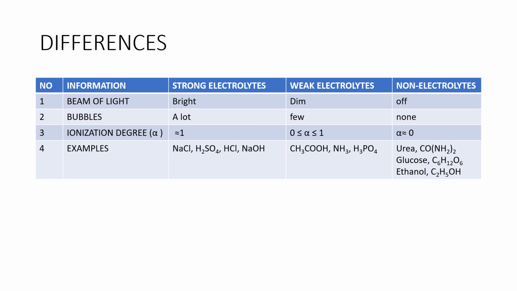Examples for strong electrolytes: NaCl, H2SO4, HCl, and NaOH. For weak electrolytes, for example, CH3COOH and H3PO4. For non-electrolytes, for example, urea, CO(NH2)2, glucose, and ethanol.